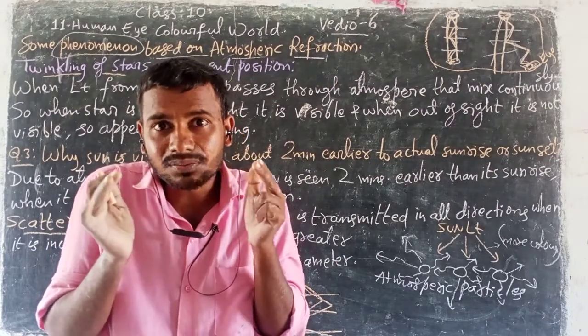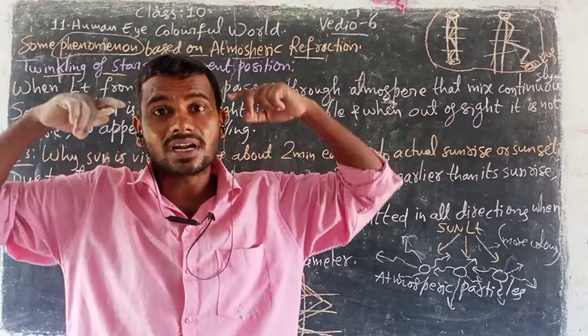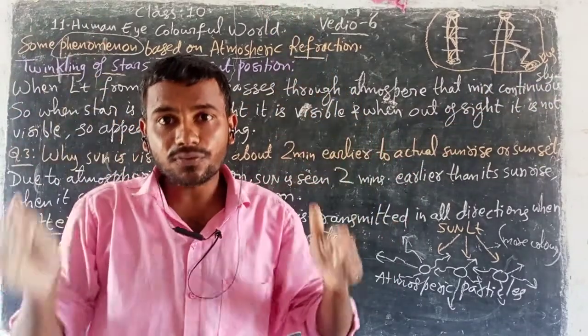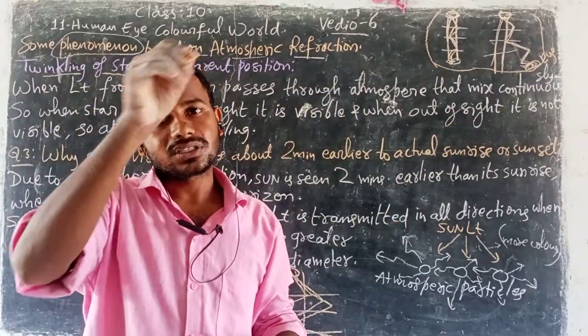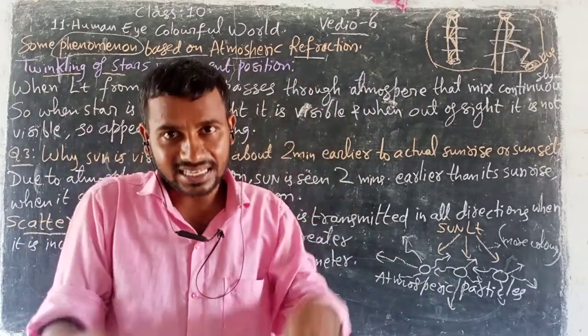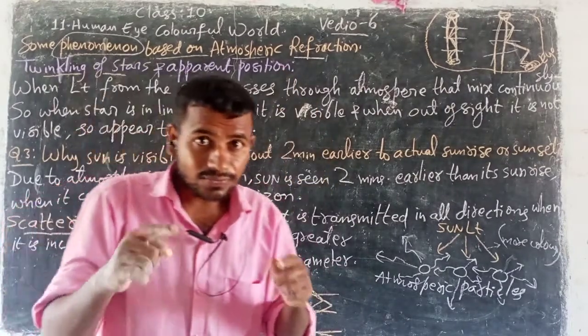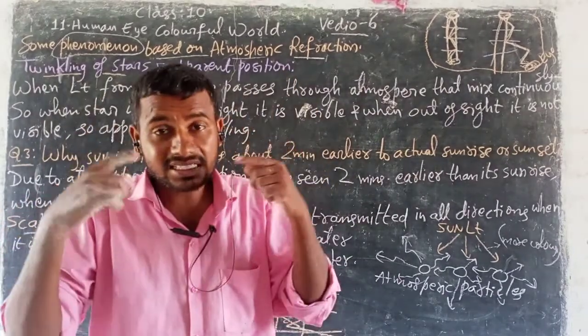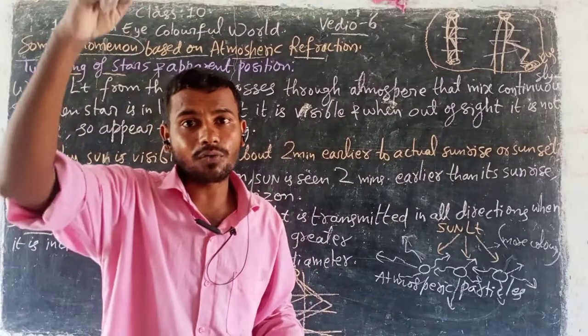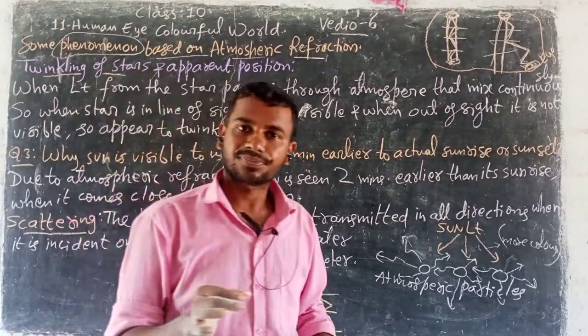Our line of sight is a little bigger, but the moon's size is bigger. Our line of sight is enough, which is not refracting more than the line of sight. The light which is refracting more than the line of sight, all such stars look like twinkling stars.